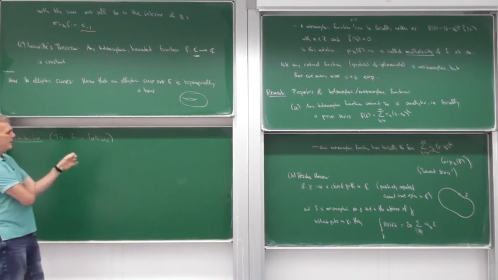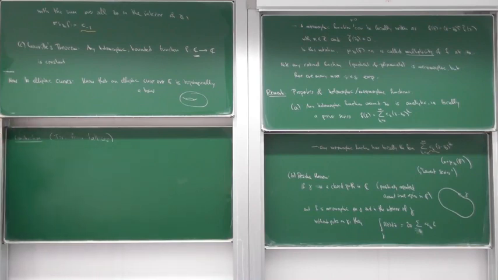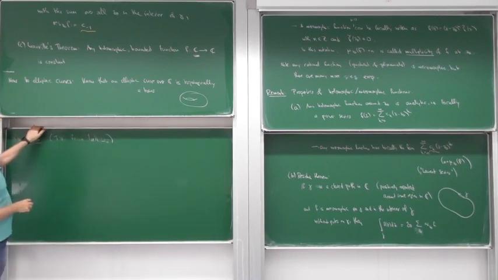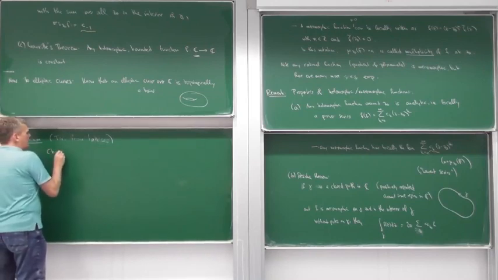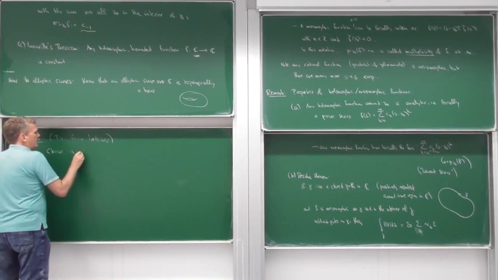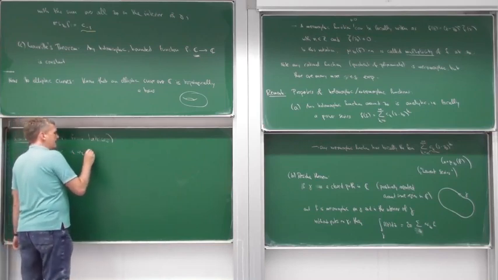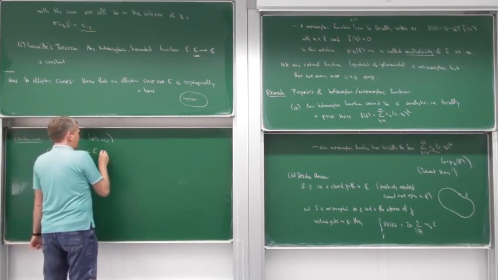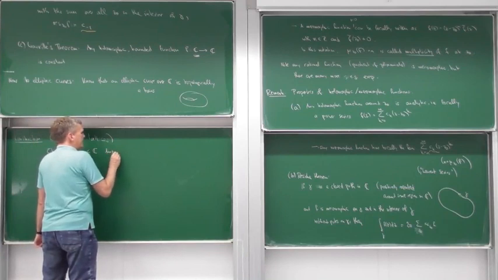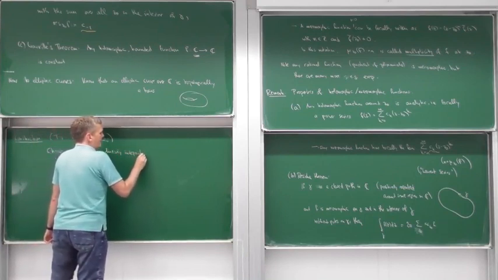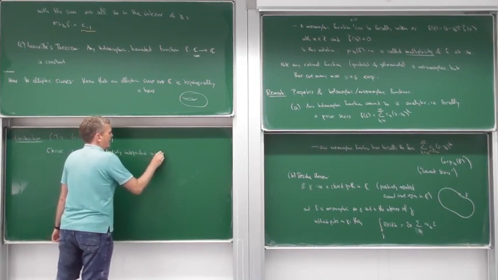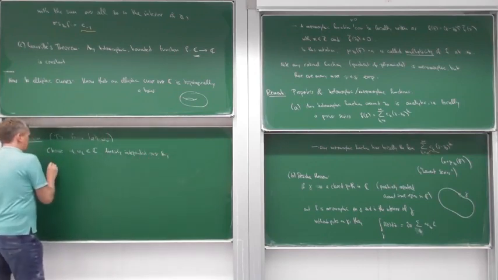So we take in the complex plane two vectors which are linearly independent over the real numbers. So we choose, and I'll usually denote them omega 1 and omega 2 in the complex plane, and they should be linearly independent over R.